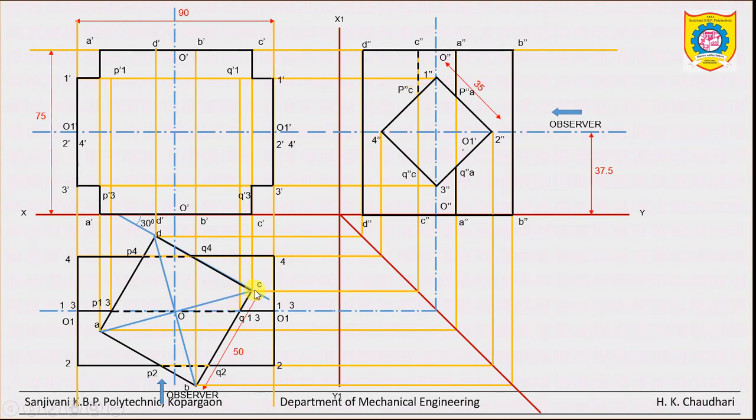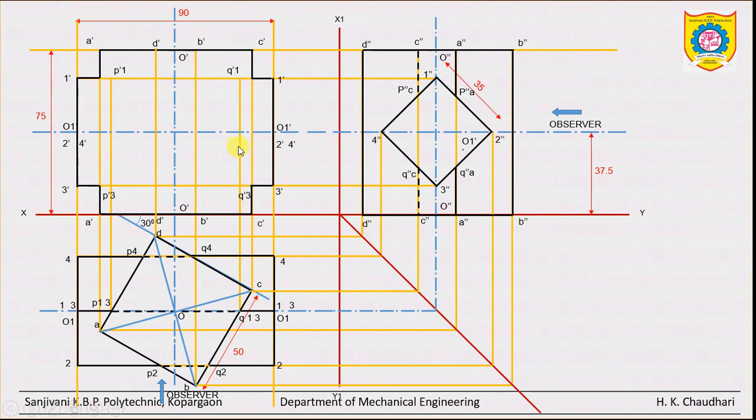When we observe the intersection from this left side, because this is the LHS view, due to these two rectangular faces of the vertical prism we can't observe this C edge, so we have made the hidden edge here up to P double dash C. Similarly from the bottom side also. So the side view we have completed.